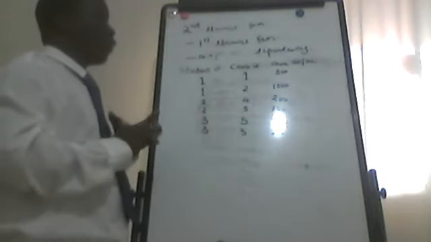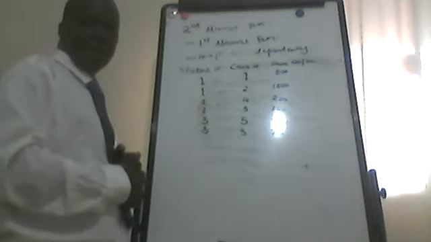Here, remember, we say that a table is not in second normal form if there are partial dependencies. What do you mean by partial dependencies?